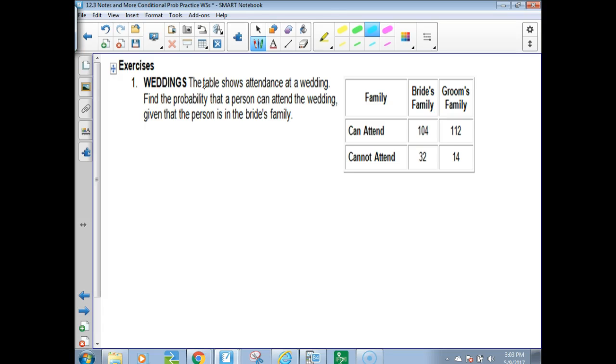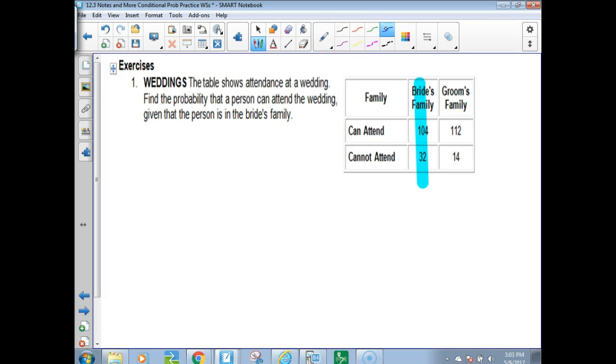So it says weddings. The table shows attendance at a wedding. Find the probability that a person can attend the wedding given that the person is in the bride's family. So we need to pay attention to the bride's family, not the groom's right now. All right, there's the bride's family.